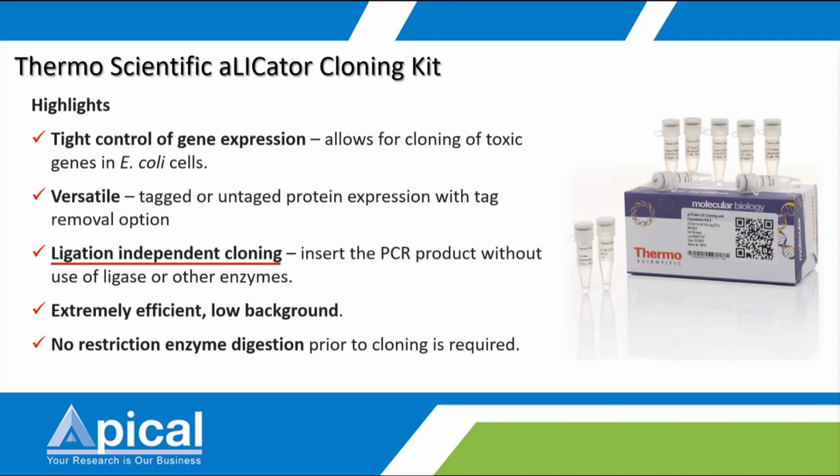So with the LIC system, it will give you efficient cloning with low background. The handling is much easier, as it involves only PCR and cloning. No restriction enzyme will be involved when using this cloning kit.